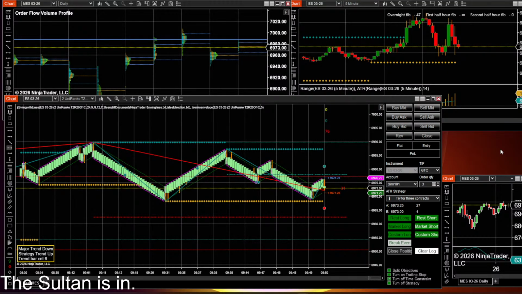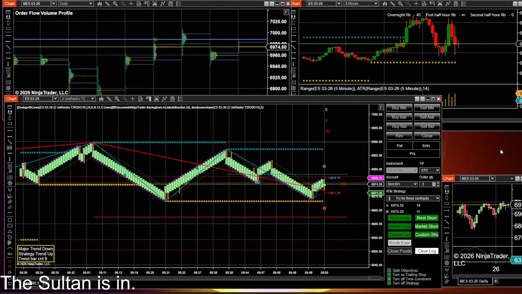Looking like they want to have it continue down to test that support area. If you're of the long mind, this is the first pullback in the newly developing strat leg up.